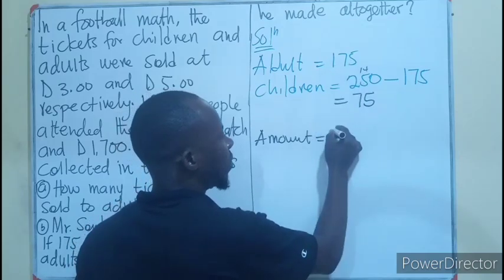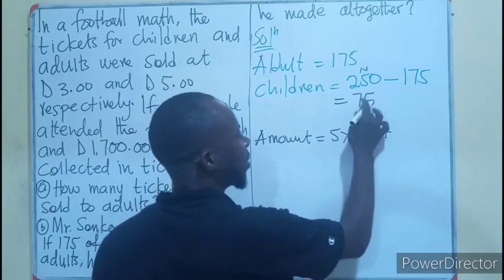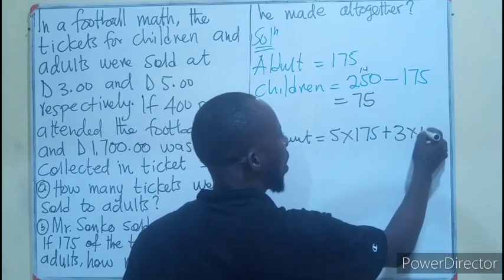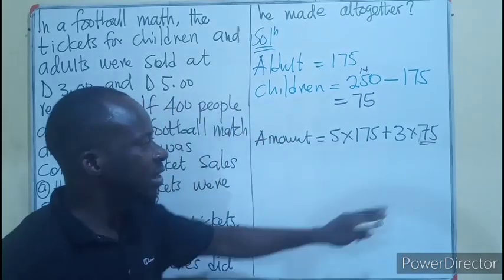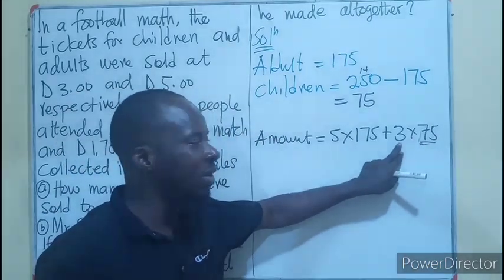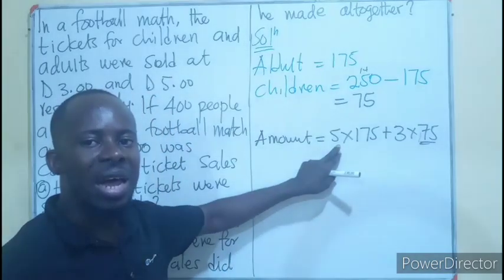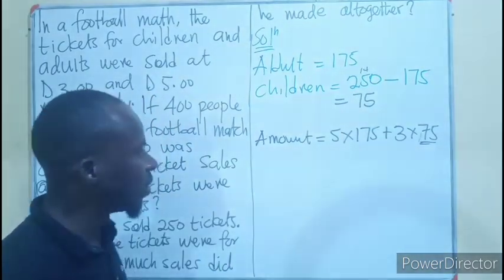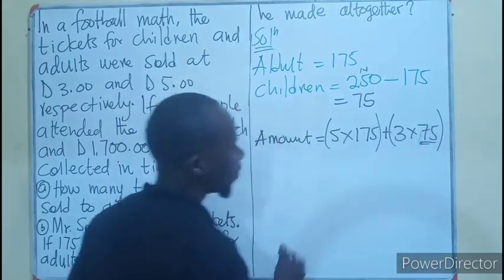So the total amount is going to be 5 times 175 plus 3 times 75. 75 for children and the amount is 3 cedis. 175 for adults and the amount is 5 cedis. So let's multiply and get their total sum.